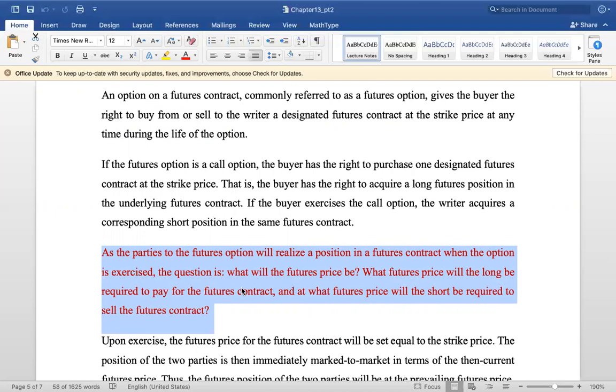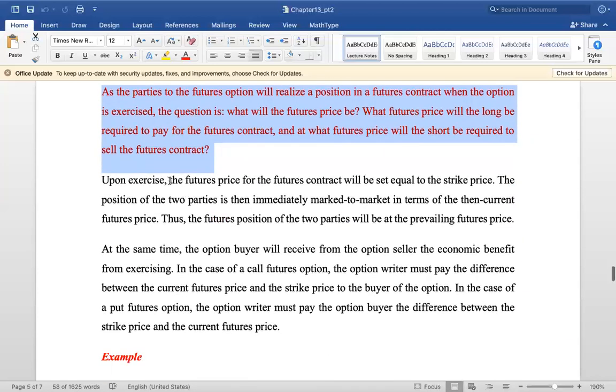The question is, what will the futures price be? What futures price will the long be required to pay for the futures contract, and what futures price will the short be required to sell the futures contract at?